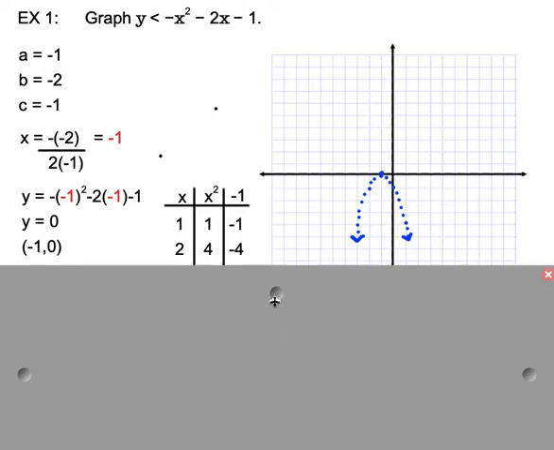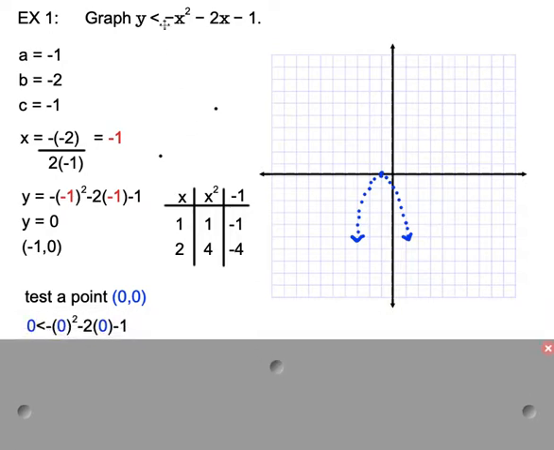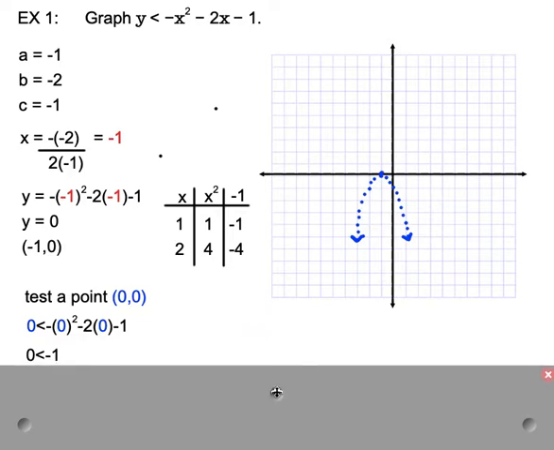The easiest point, of course, is 0, 0. 0, 0 exists on the exterior of this graph. So I'm going to take my equation and plug it in. Is 0 less than negative 0 squared minus 2 times 0 minus 1? If I do the math, I get 0 is less than negative 1, which is not true.